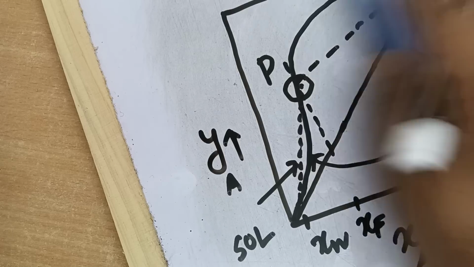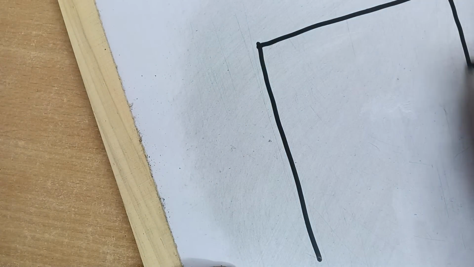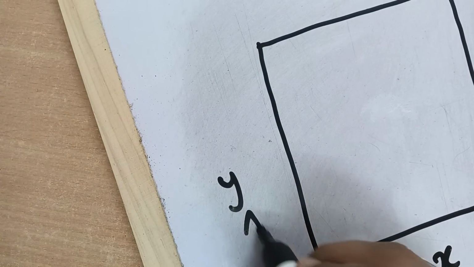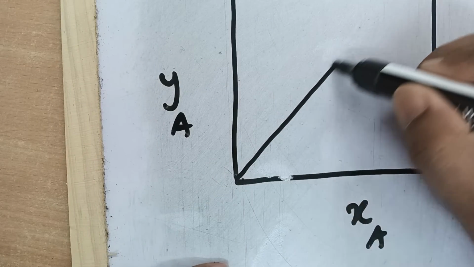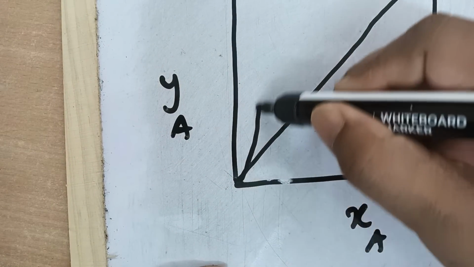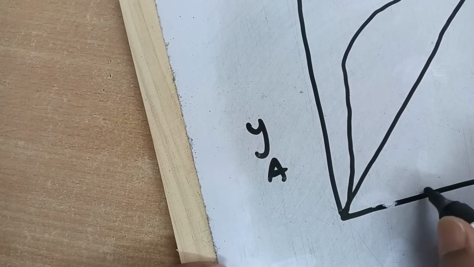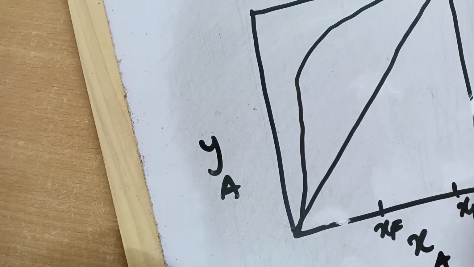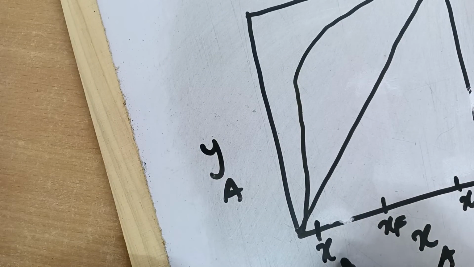So what one has to do, the method is simple. You have a mole fraction diagram, y versus x, then you have the y equal to x line. Suppose this is the equilibrium line. Okay, you have xf point, you have xd point, and suppose you have xw point.